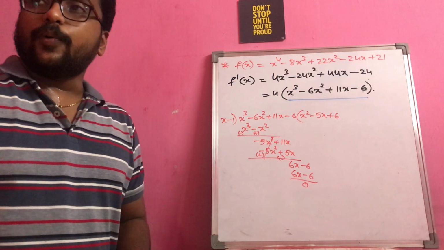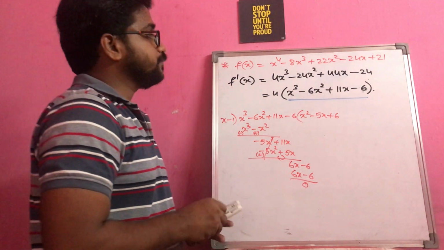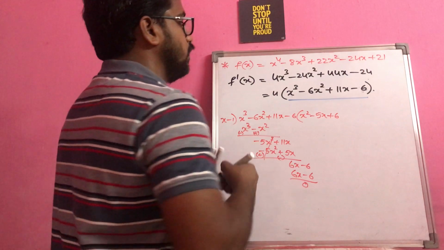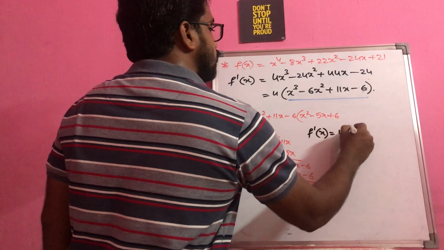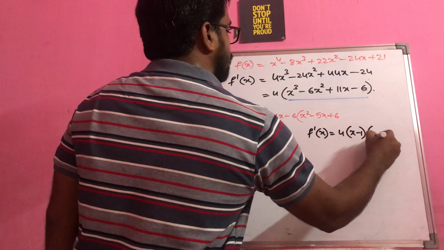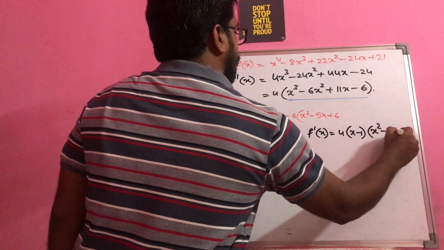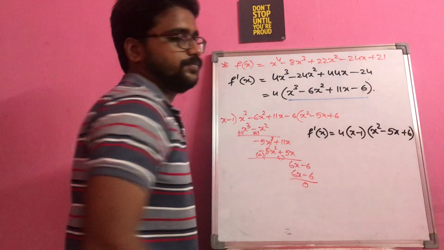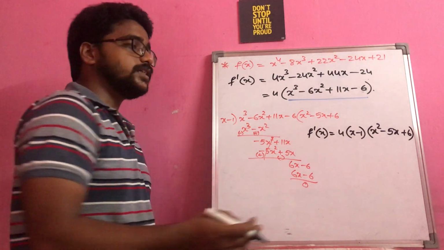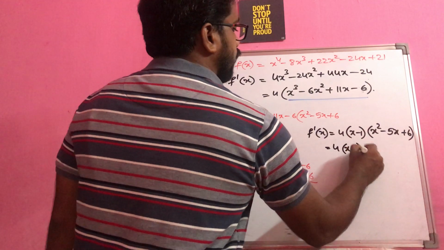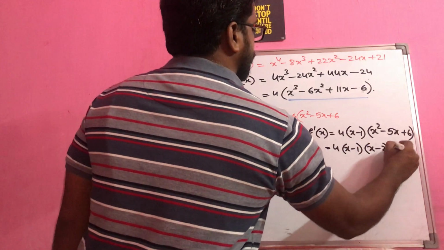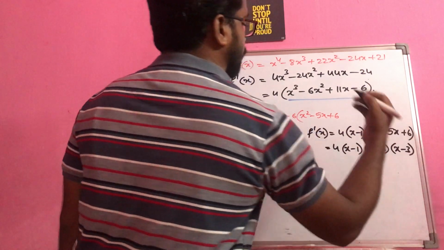Now the point that you have to understand here is that the f dash of x, whatever you are having here, can be written as 4 into x minus 1 into x square minus 5x plus 6. Now see, you have a further chance of simplifying this, normal factorization of a quadratic polynomial. I can write the roots as x minus 2 into x minus 3.